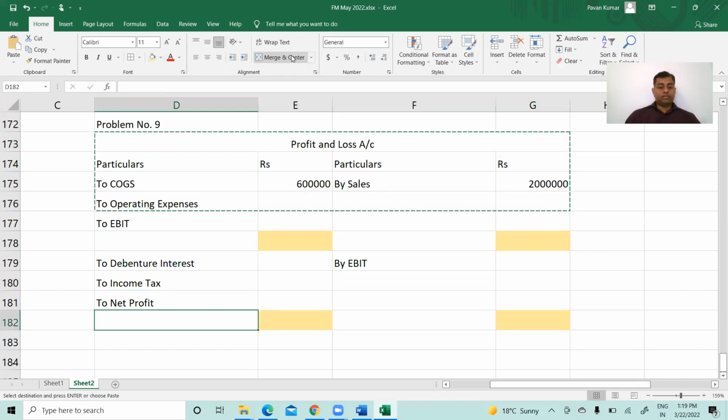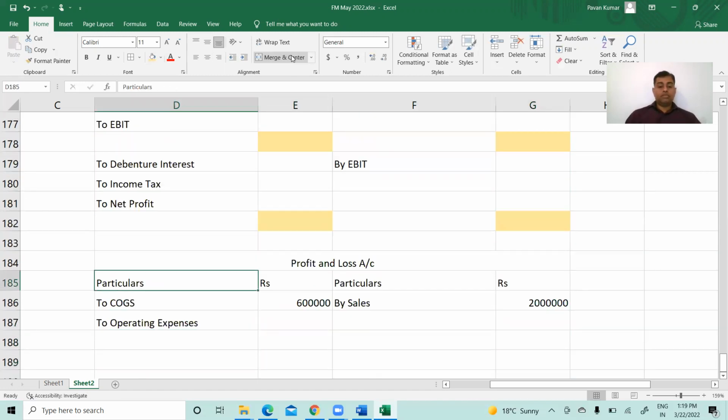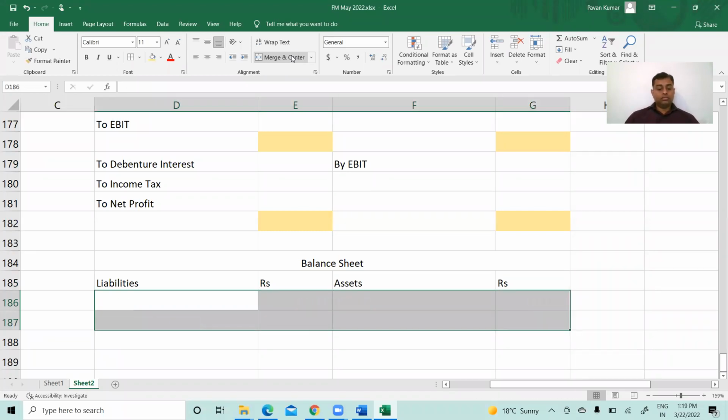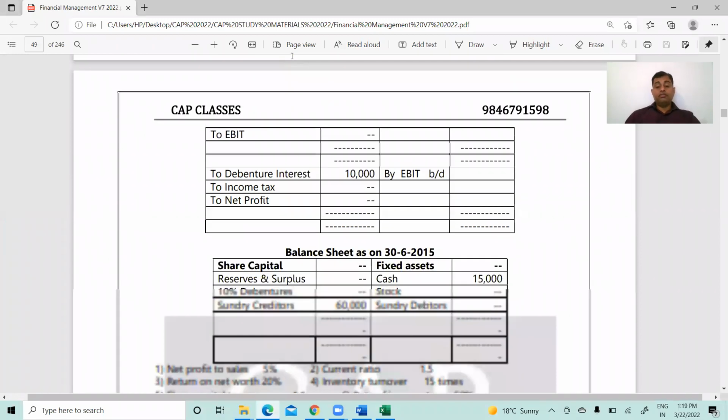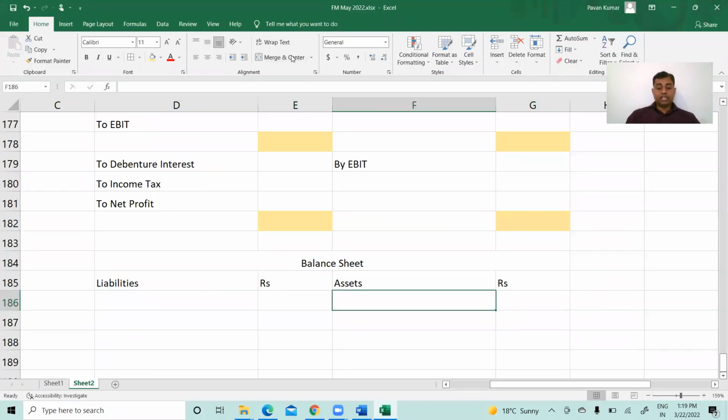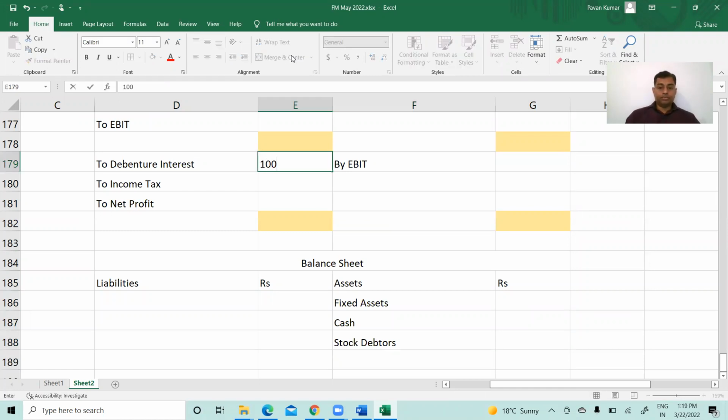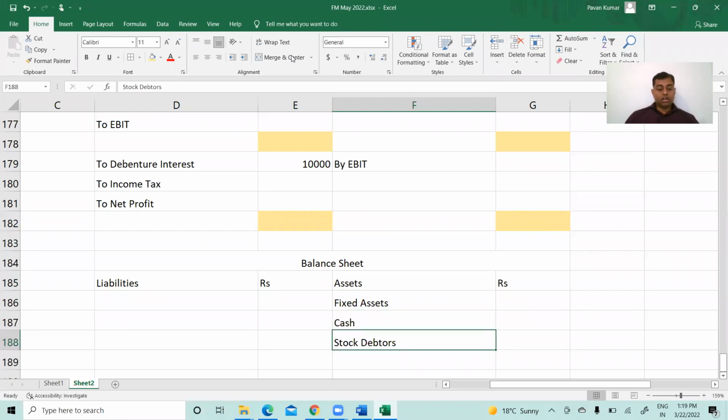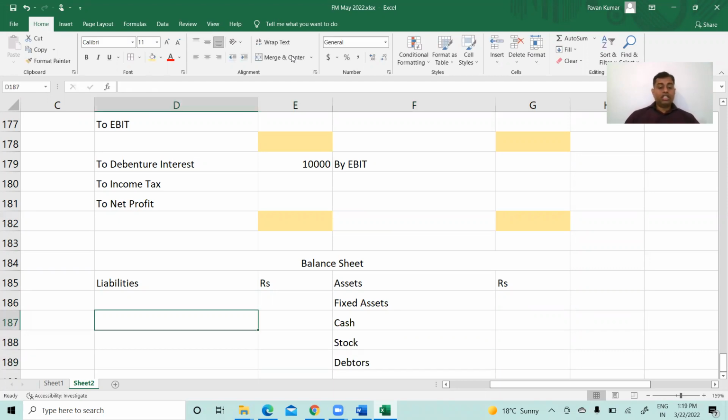Now we'll prepare the balance sheet. This side liabilities, this side assets. What is the pro forma they have given? Fixed assets, cash, stock, debtors. Debenture interest, they have given 10,000. On the liability side, what they have given?